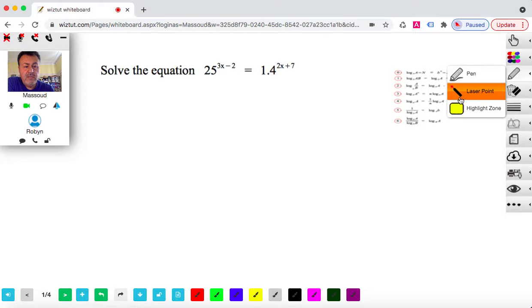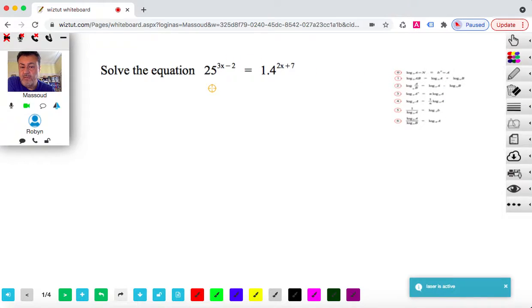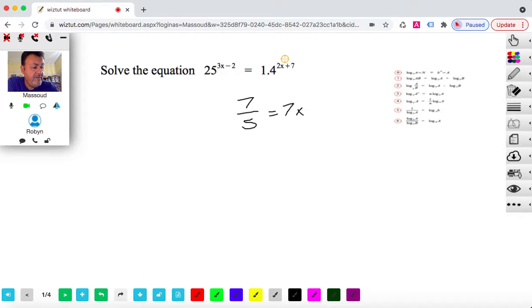This equation is slightly different from the ones that I've done before because the base of the exponential is not such that you can make them both the same. So as you look here, 5, for example, can be written as 5 squared. And although 1.4 has got a 5 in it, 1.4 is 7/5, which is the same as 7 times 5 to the power of -1.